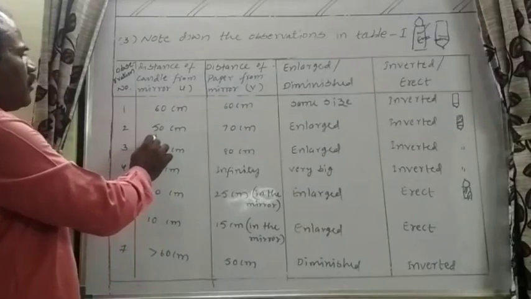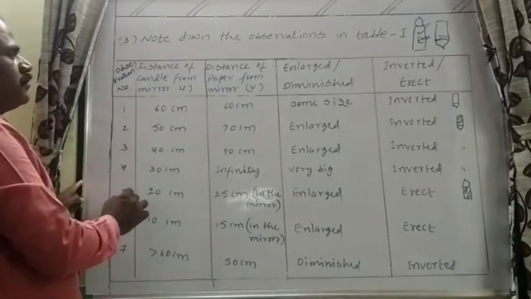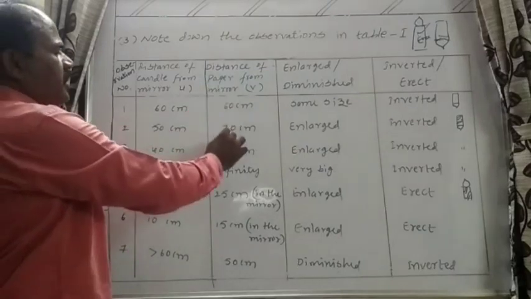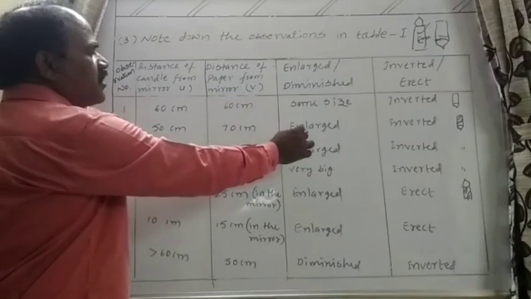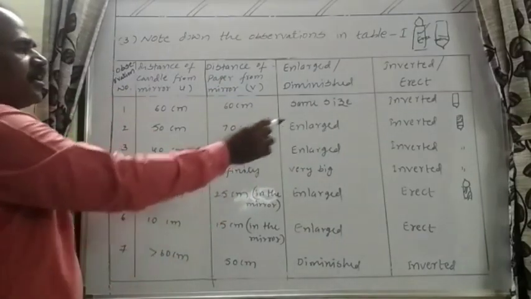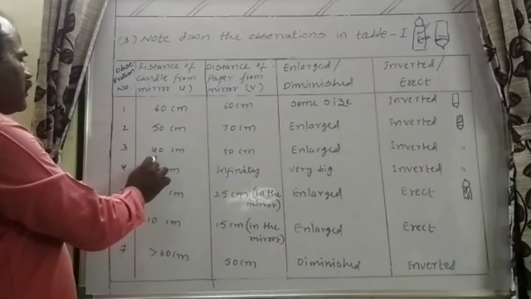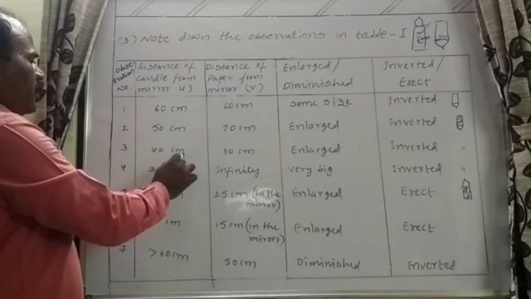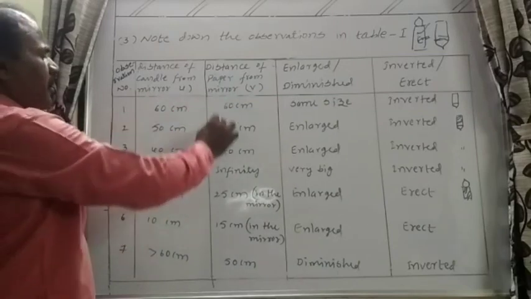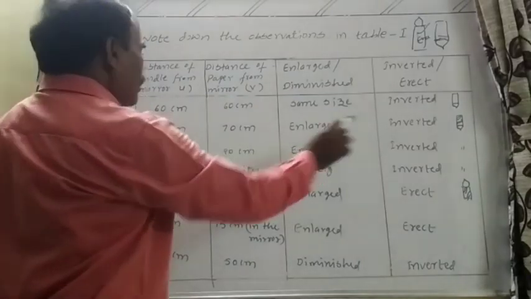And second one, 50 centimeter distance from the mirror. The image distance is 70 centimeter and the image is enlarged and inverted. The object placed 40 centimeter distance from the mirror. The image distance is 80 centimeter, enlarged and inverted.